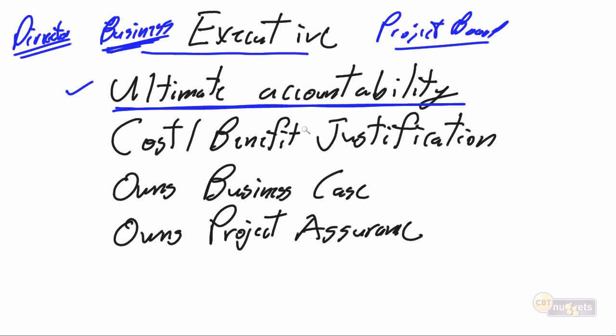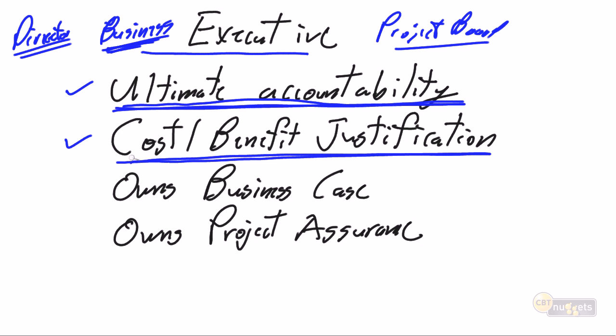My business executive is going to support that by taking the ultimate accountability of the project forward into the business. Effectively, they are the person who's going to be responsible for accepting the cost benefit justification, and really they own the business case. They are the person who's going to champion the business case as needed throughout the senior management in the organization to ensure that the project gets the support, gets the commitment that it needs to be approved.